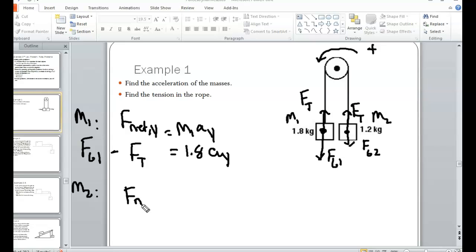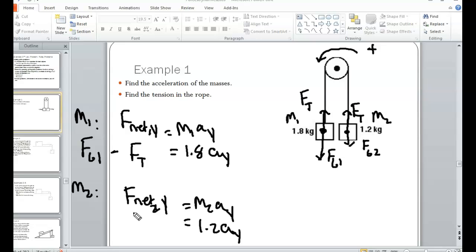I do the same thing for mass 2. F net y equals m2ay. Is the object accelerating? Yes. The mass is 1.2, and there's an ay. I write down the sum of the forces, and on this object, remember, counterclockwise forces are positive.